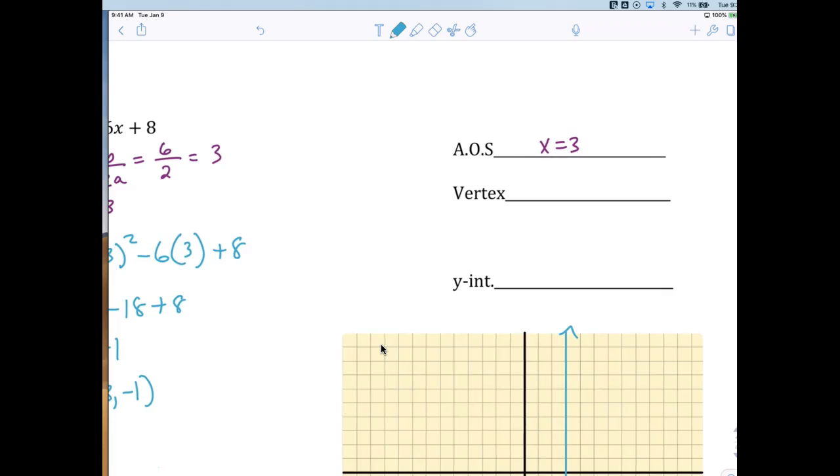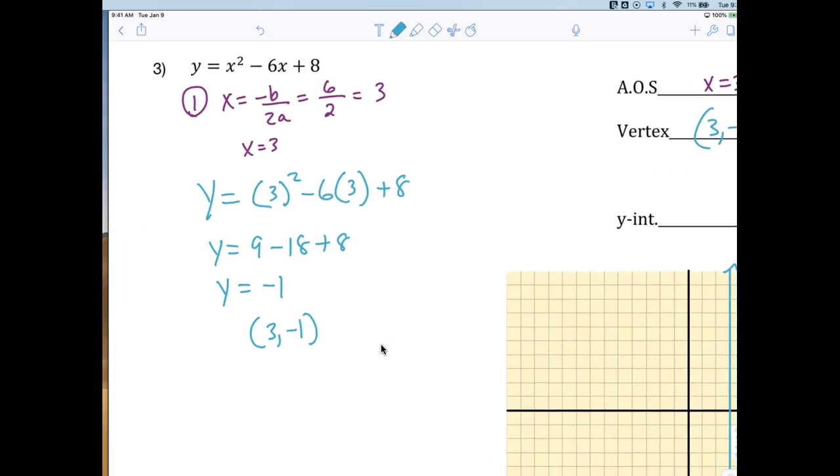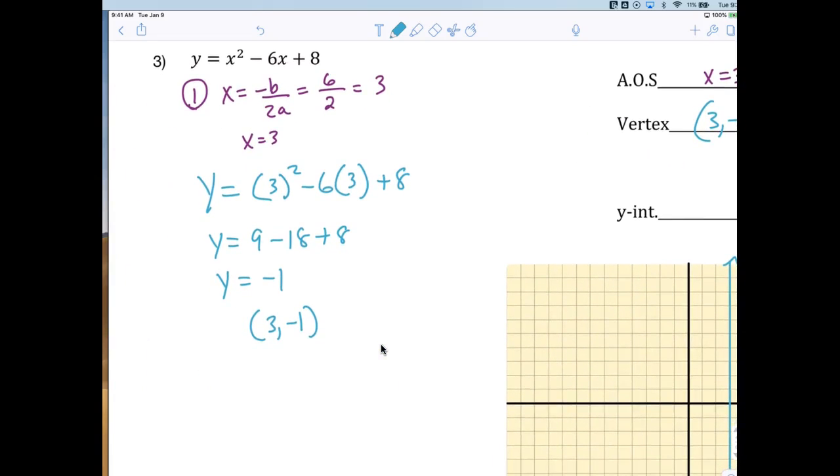So come back over here, vertex 3, comma. Didn't I do 9 minus 18 plus 8? 9 minus 18 is negative 9. Negative 9 plus 8.